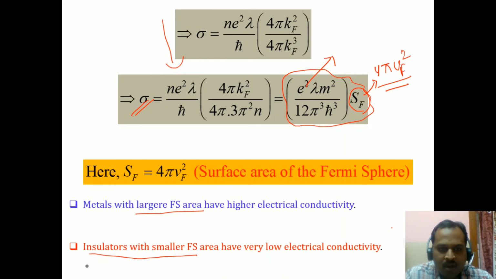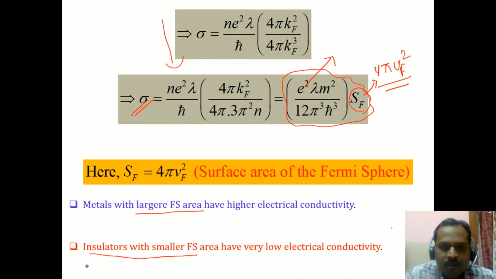So using the quantum corrections, we can distinguish between the metals and the insulators in terms of the area of the Fermi sphere. So this is one of the successes of the Sommerfeld theory. When you compare the Sommerfeld theory with the Drude theory, this is one of the advantages of using the quantum corrections. In the Drude theory, we cannot distinguish between the metals and the insulators.